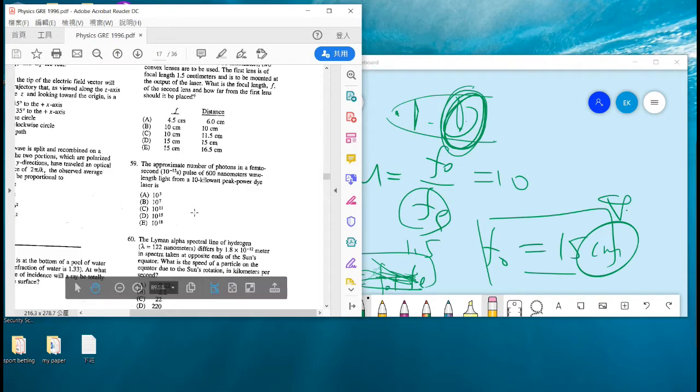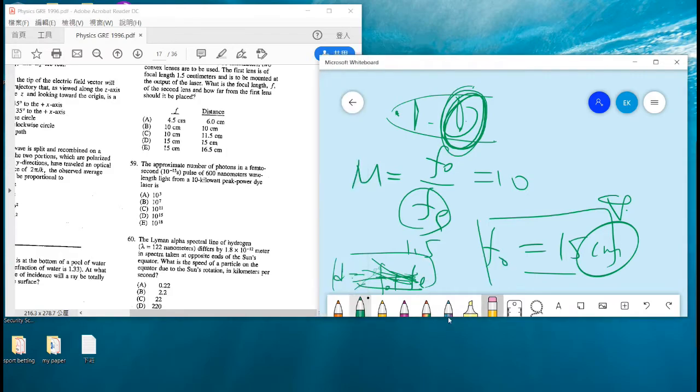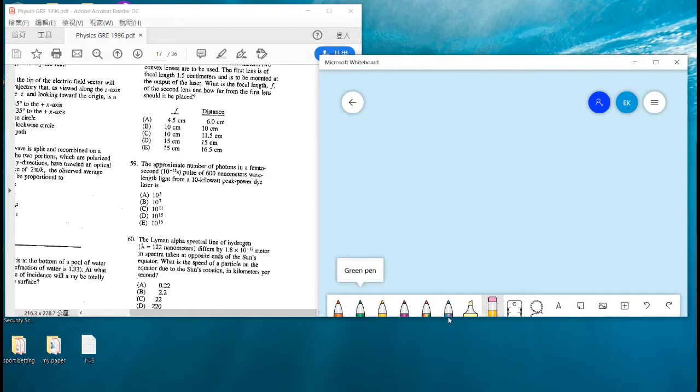Okay, so 59. You have the approximate number of photons in femtoseconds of the 900 nanometers wavelength light from 10 kilowatts peak time. Basically, you know that E is hf, so it's h times c divided by the wavelength.